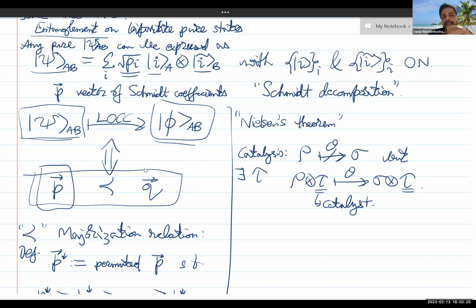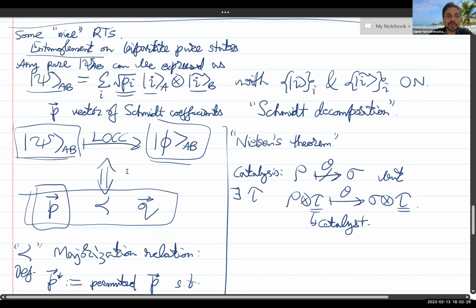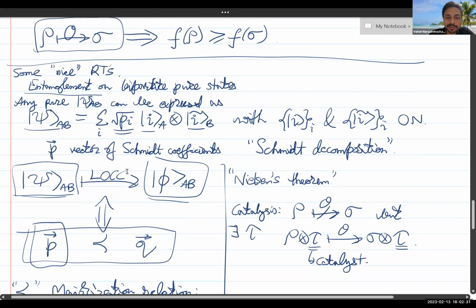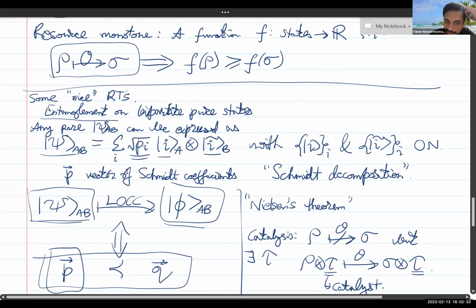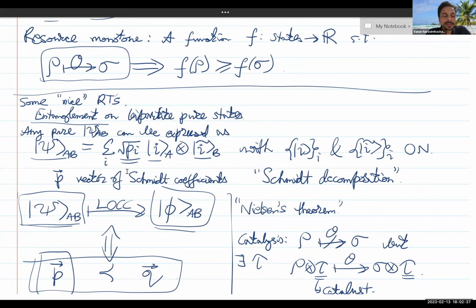Yeah, and there's a broader question that did come up earlier about why we would even call something a resource. In the case of entanglement, it is a resource because you can do things like teleportation, where you're using a static resource, namely an entangled state, and converting it into a dynamical resource, namely a quantum channel, right?